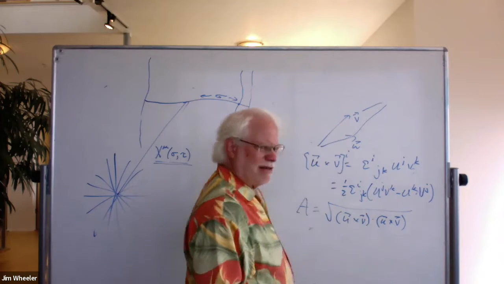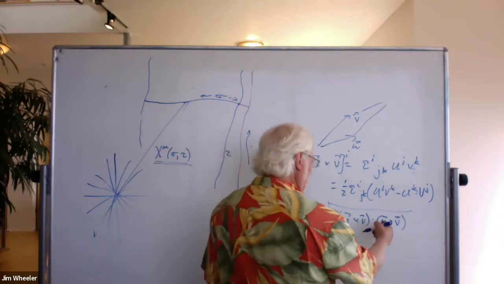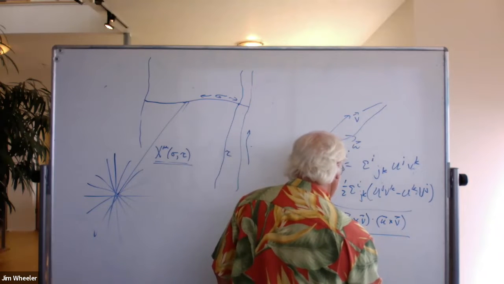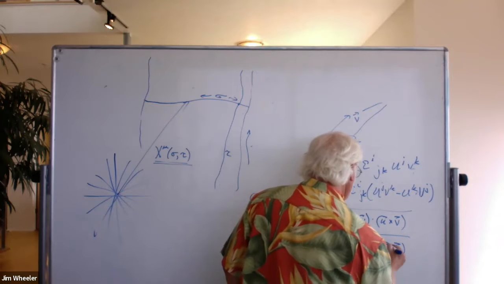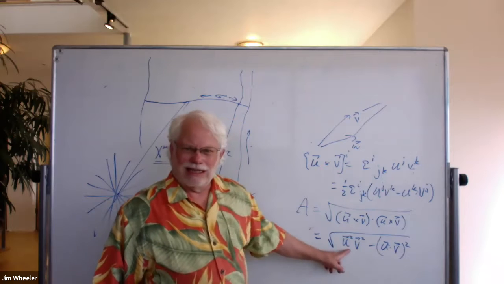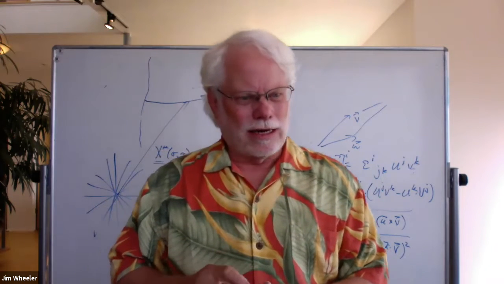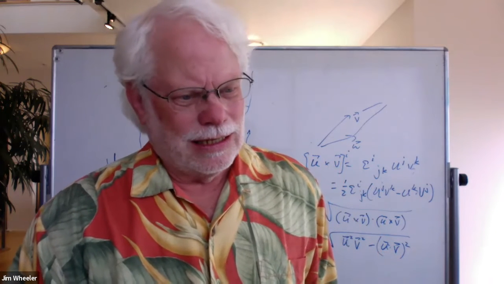And I suspect I've left it as an exercise for you to show that expanding that turns into u squared v squared minus (u dot v) squared. So the area depends only on the lengths of the vectors and on their inner product, and that's something that we can write in any dimension.